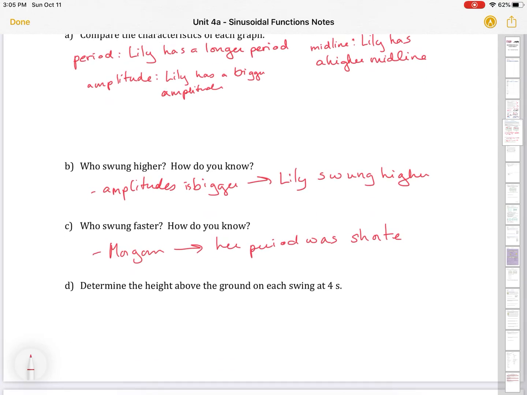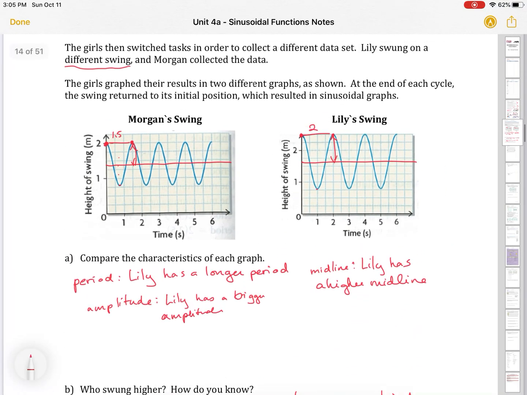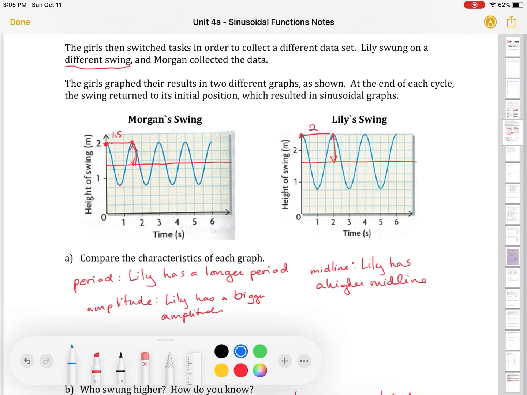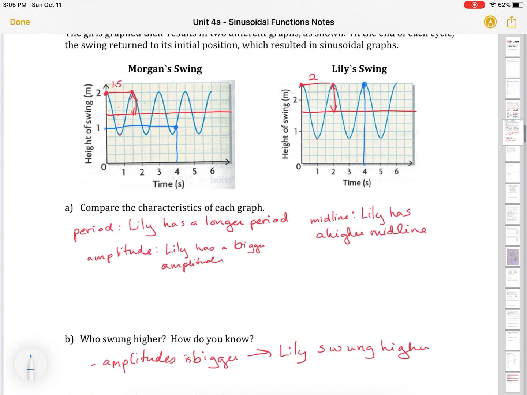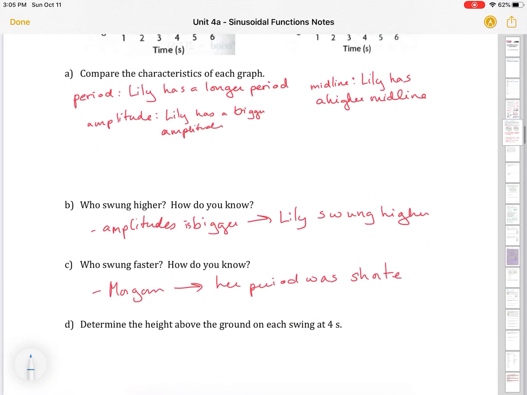Determine the height above the ground on each swing at 4 seconds. So if we go back here, and remember, they have different periods and different amplitudes, so we have to look at each one. At 4 seconds, Morgan's is about at 1 meter. And at 4 seconds, Lily's actually at the crest. So she's at 2.5, right? It's way up here at the top.